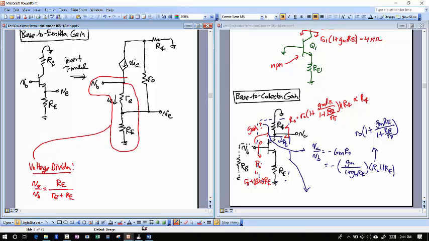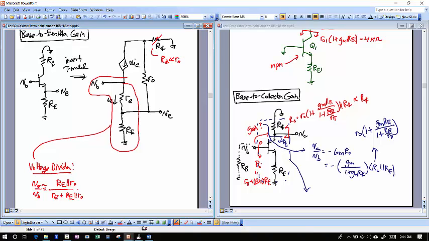Okay? And if my R naught is not that big, but it is still bigger than RC, then I can also write this more correctly as RE in parallel with R naught, because that R naught is essentially going to ground here. If I say that RC is much less than R naught, but R naught is not that big.